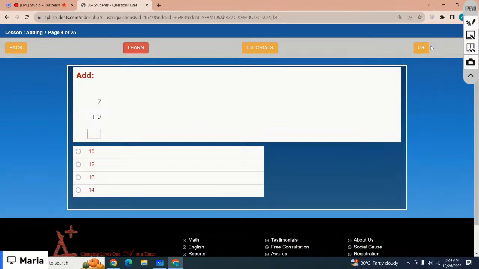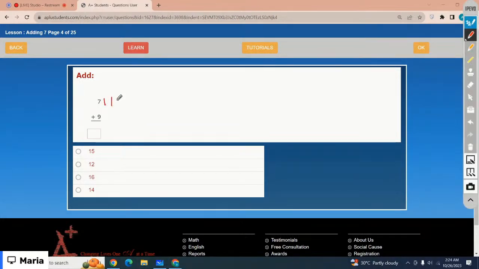Okay, the next one is 7 plus 9. So which is the correct option? Start with 7.